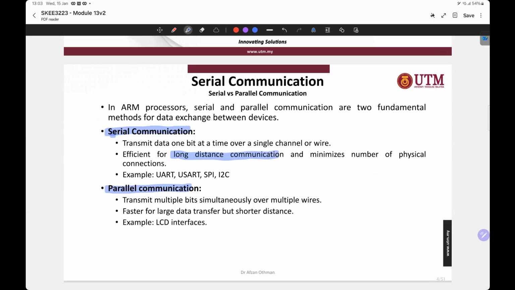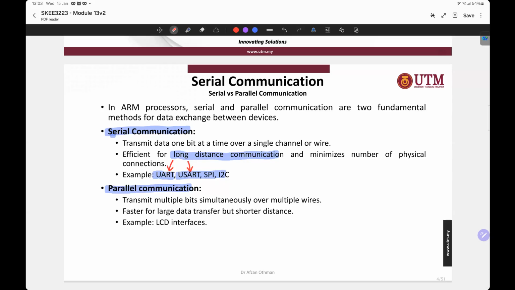So serial communication is used if you have a very long-distance communication. Examples of serial communication are SPI and I squared C. In this class, we will cover how to write programs using UART and USART.